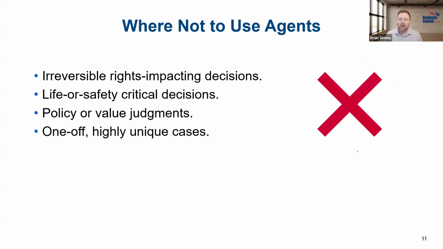Also, one-off, highly unique cases, right? As you can probably conceptualize from what we've talked about around AI so far, every case is a little bit different, right? And if something is way far off the beaten path, the agent's not going to know how to act, right? It's never seen this before.